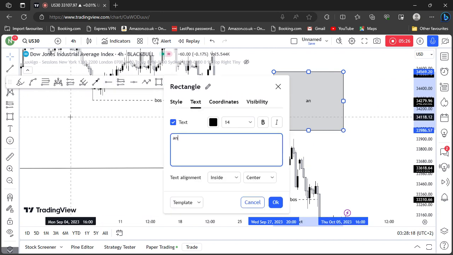An order block for a bearish trend is the last bullish candle before a massive downward movement that leads to a break of structure or change of character.